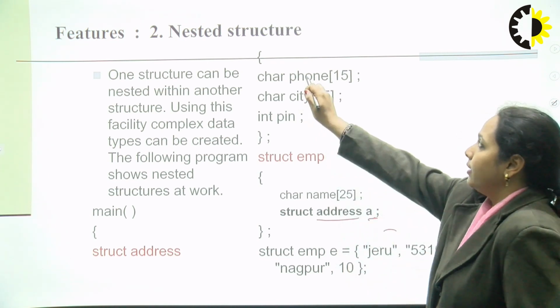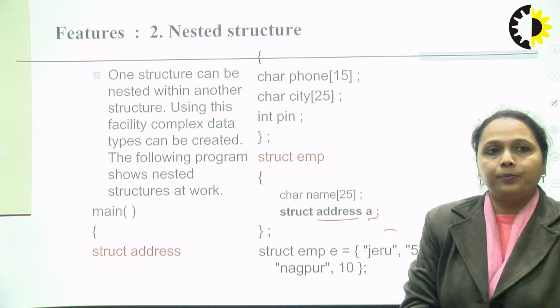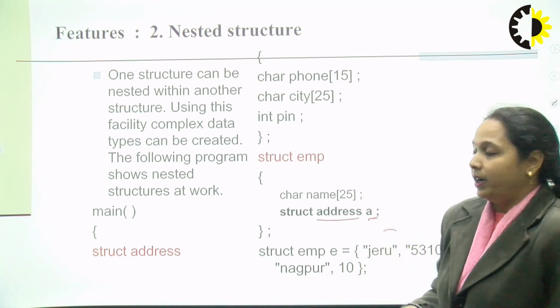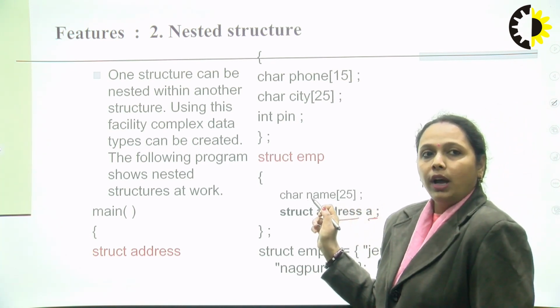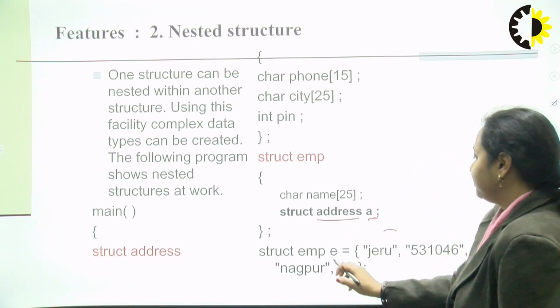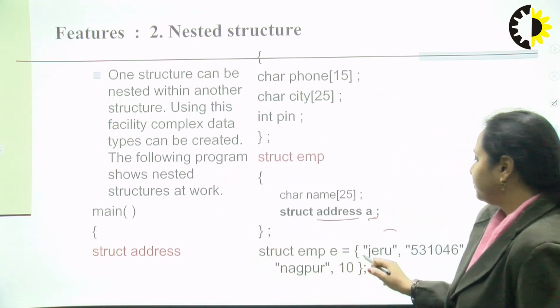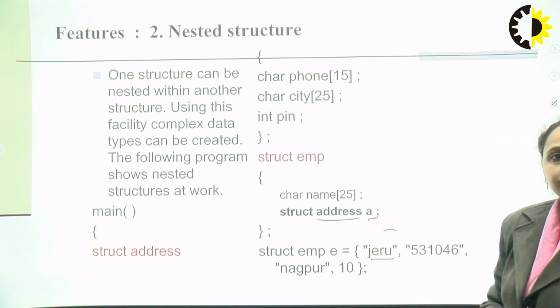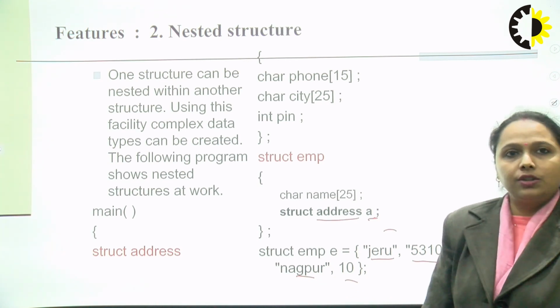Now, how to assign values to this address type structure? With the help of the dot operator. If I want to store data in name, I will write as written here. This is the direct initialization.